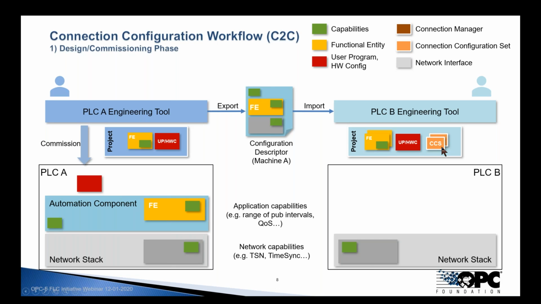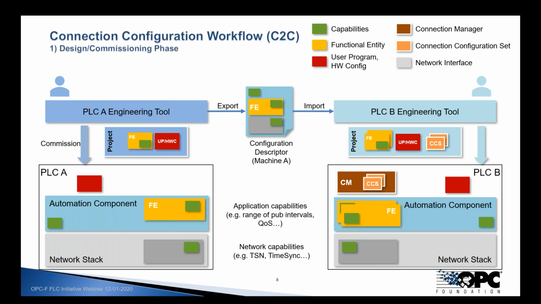We will look at that in detail in just a moment, and we'll download that again into his PLC. So the user program is installed, the functional entity is installed, and the connection configuration set is downloaded into the Connection Manager.